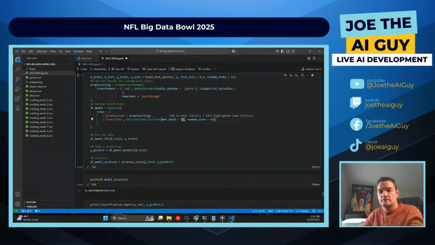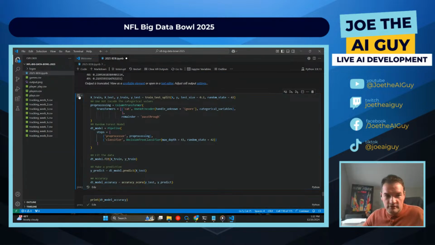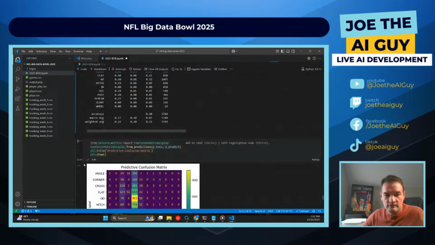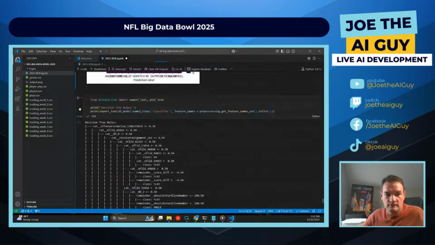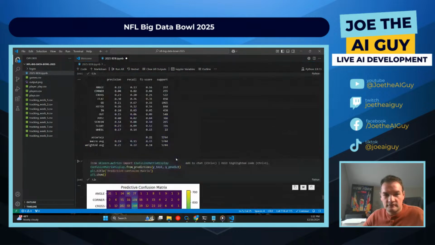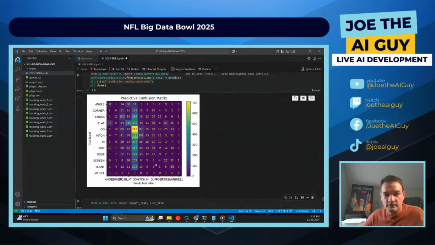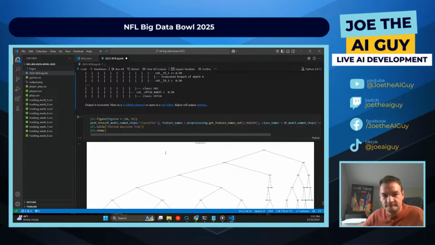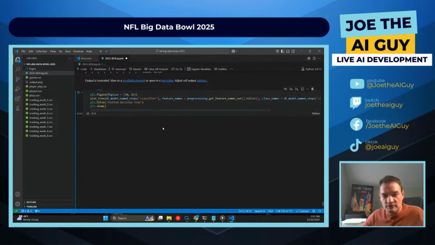If I change this, it's going to vary slightly, but it should give us a far better breakdown. You can still see it's heavily favoring predicting a go route versus anything else. I'm afraid of what this chart will look like.